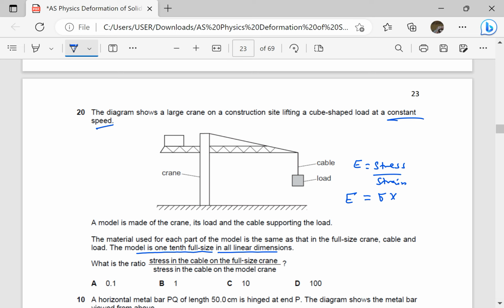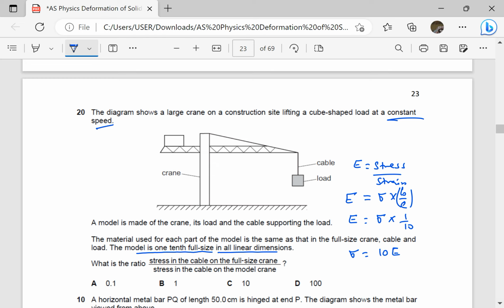So when I take the reciprocal, it will be original length over extension. But remember, they said the model is 1/10th full size in all linear dimensions. So this ratio here is going to be 1/10. So the Young modulus is going to be stress times 1/10, which means the stress is going to be equal to 10 times E.